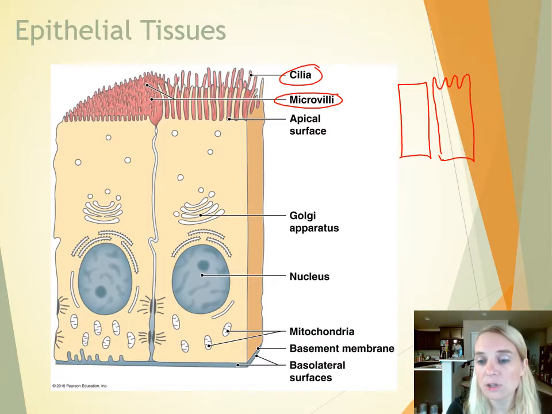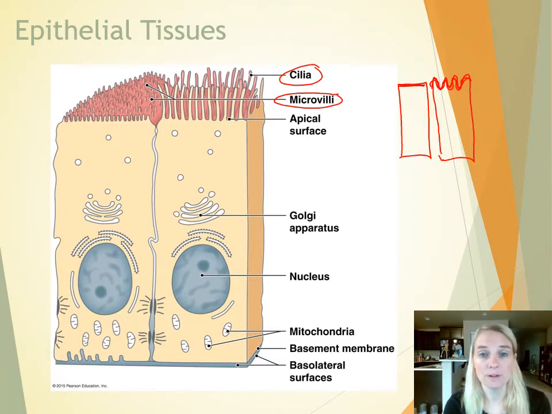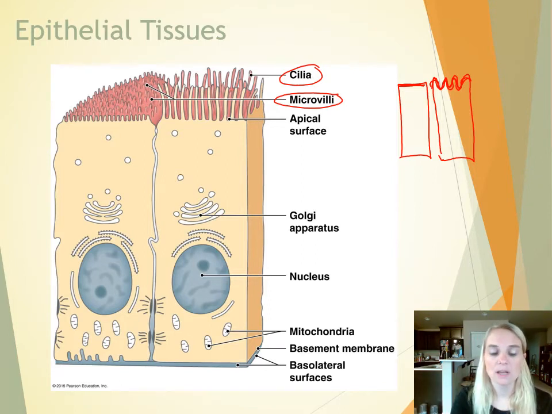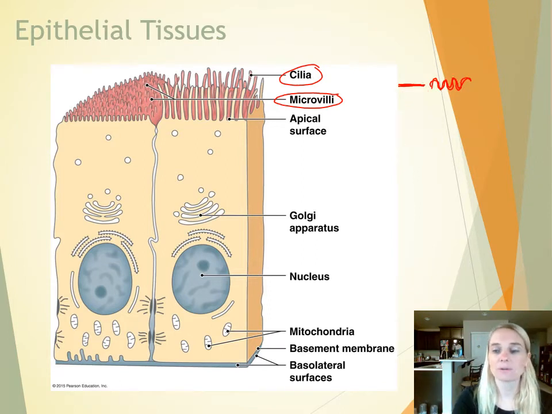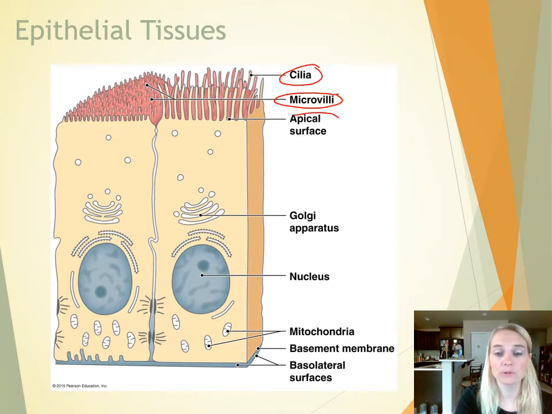But if we measured the surface area of each, we'd have a lot more surface area on the cell with microvilli than we would just flat. So make sure you connect microvilli with absorption, increasing surface area for the function of absorption, and cilia for propulsion.